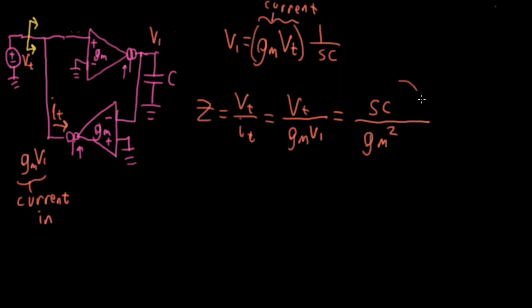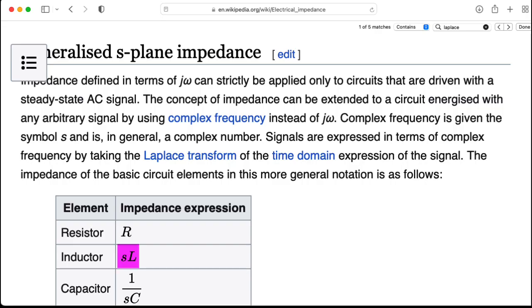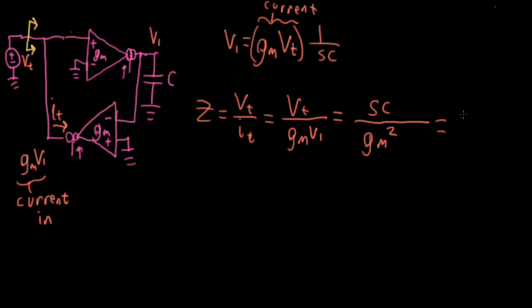So what does this look like? Well, that looks like an inductance. We could say this is an inductance LS, where L here is equal to C divided by our transconductance squared. So by changing the transconductance, which you can do by changing the current going into the control pin of the OTAs, you can change the effective inductance seen looking into the circuit here.